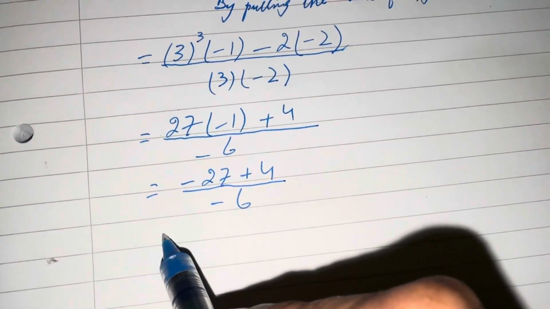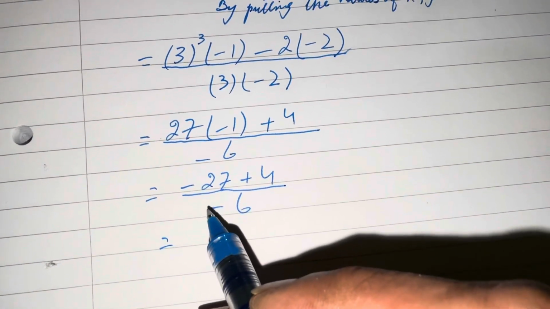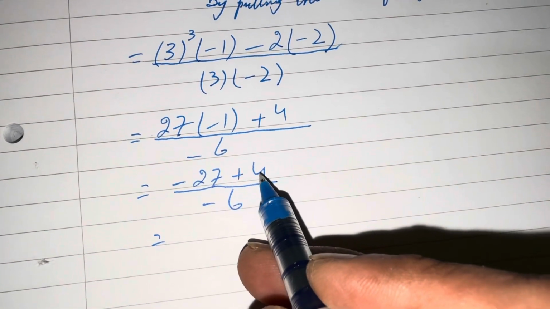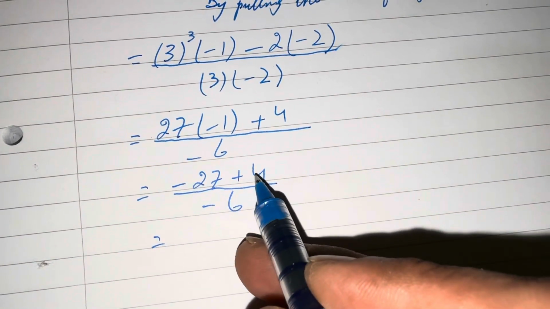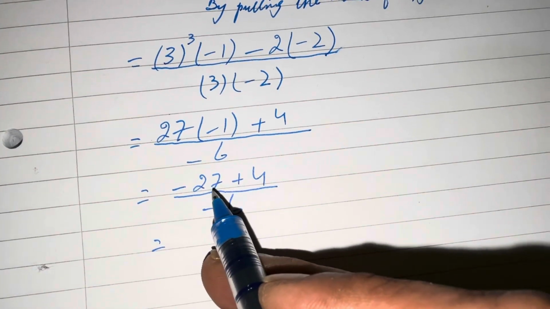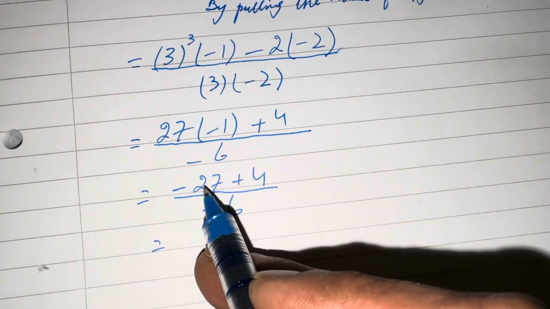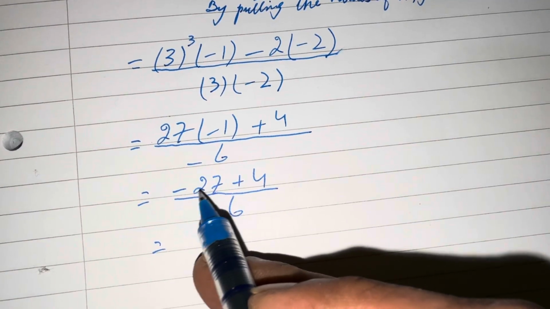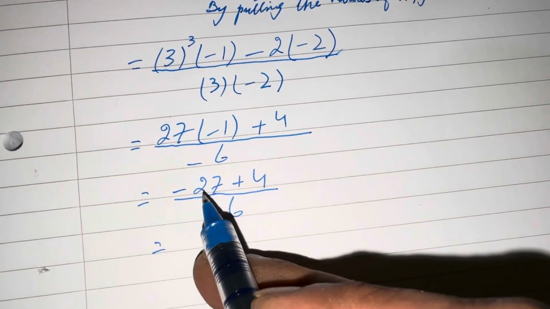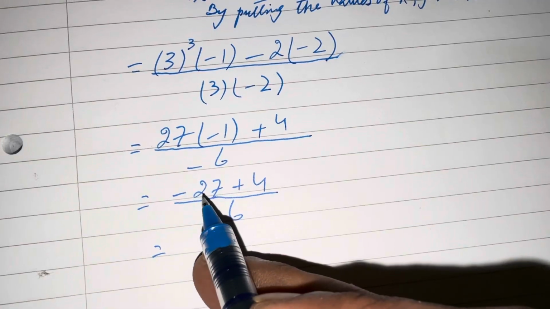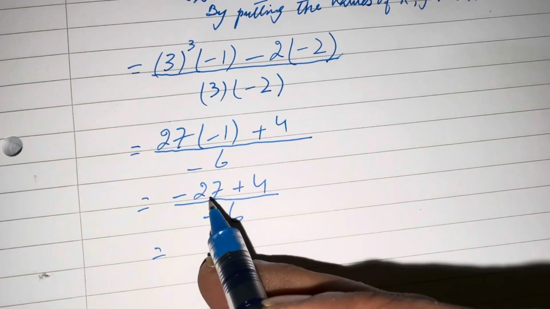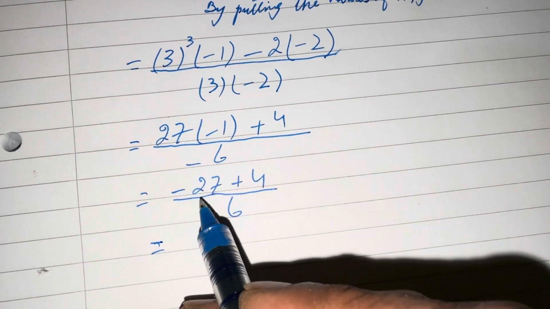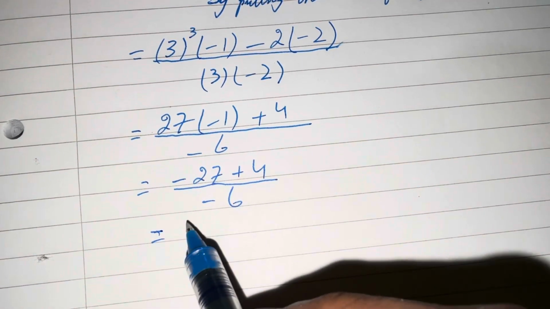So in next step, that -27 and plus 4 will be subtracted with each other, but the sign will become with the higher value or with the biggest value. So 27 में -27 में प्लस 4 जब करेंगे तो आंसर जो है वो आपके पास माइनस में आएगा और साइन हमेशा बड़ी वैल्यू का आएगा.